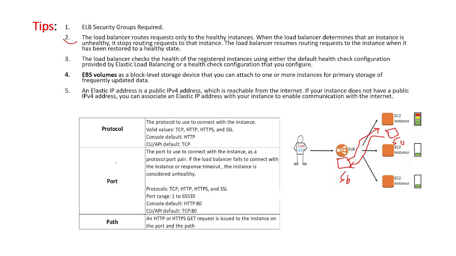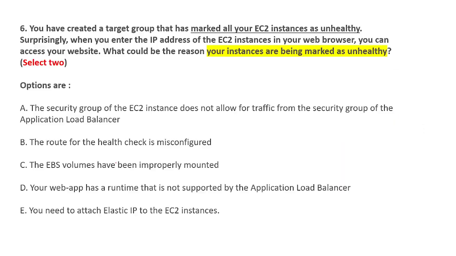So I have already gone through the two major options. Option A is correct, and option B is also correct, because the route for the health check is the potential answer. It could be that your EC2 instance is unhealthy because the health check is not completed due to the route being missed.